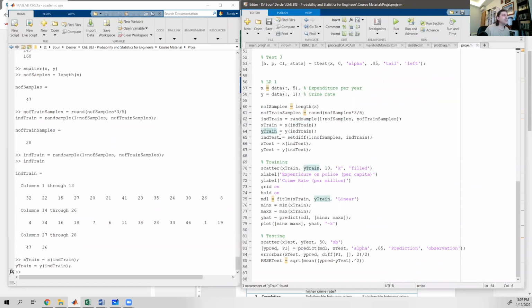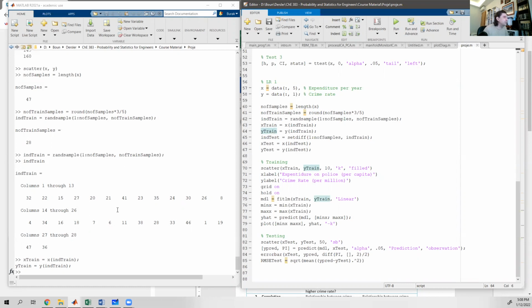Then the test indices would be the indices which I have not taken previously. So for instance, there is no 2 here as far as I can see. Yeah, for instance, it's going to be 2. The second observation is going to be put in test data, and the 3, and I guess 5, and it goes like this.